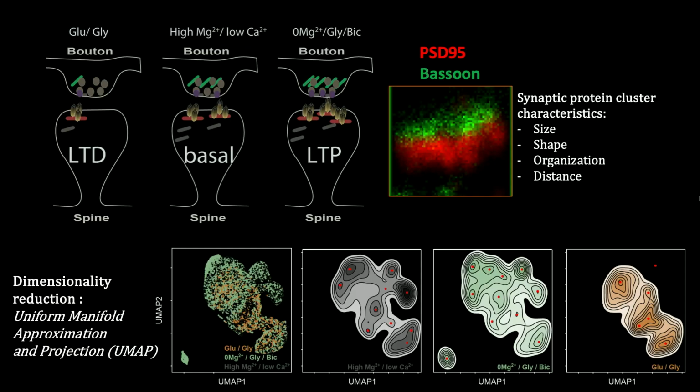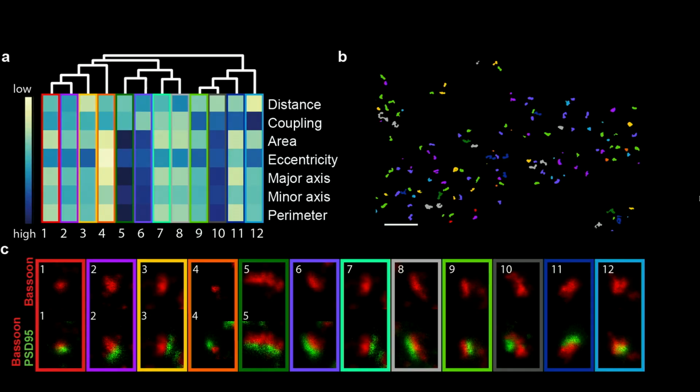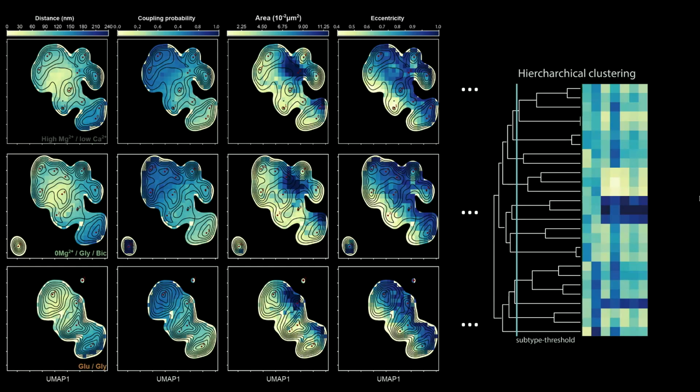And after that, we did some clustering in our UMAP space. We then used the space of our UMAP, and we projected the different features that we had identified, such as the area, the eccentricity, over our UMAP to see how within our space the characteristics would change, and created synaptic barcodes.